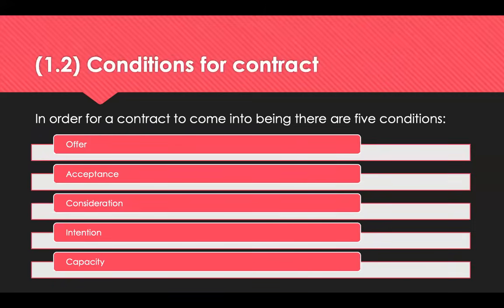So if we now move on to looking at what makes a contract legally binding, there need to be 5 conditions that are met. You need an offer, an acceptance, unconditional, consideration, intention to create legal relationships and the intention to be legally bound, and capacity to contract.